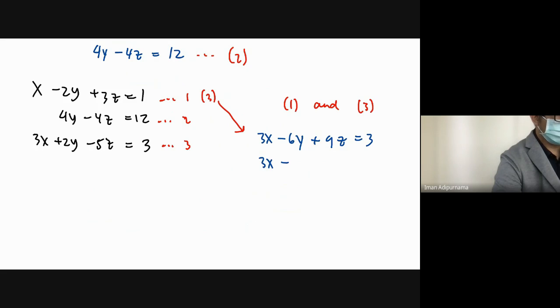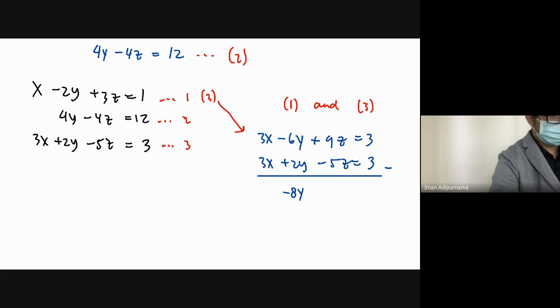And 3x plus 2y minus 5z. This will be subtract. Okay. So this will be negative 8y plus 9 plus 5. It should be plus 14z. And it equals 0. So I will write in positive y here.